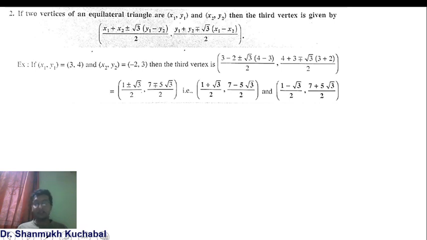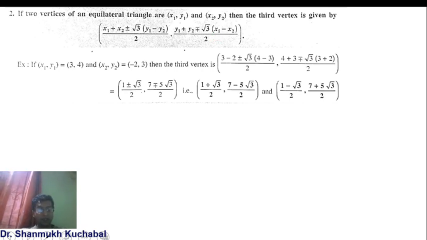Then the third vertex is given by x1 plus x2 plus or minus root 3 times y1 minus y2, divided by 2. For the other, x is replaced by y, plus or minus becomes minus or plus, root 3 constant remains, y is replaced by x, whole divided by 2 on both sides. Very simple.